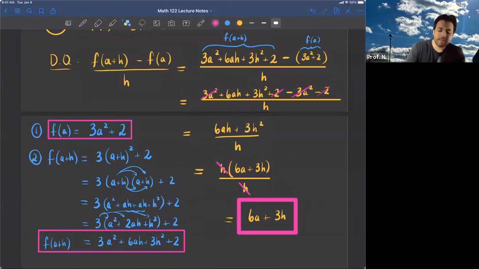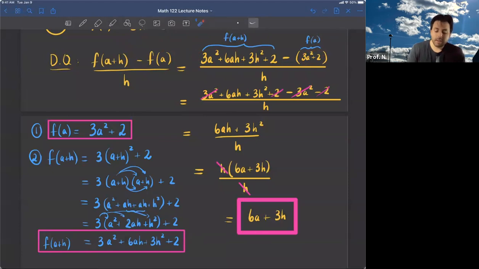So first I need to find what f of a plus h and f of a are, and I did that. f of a is replacing x with a. And f of a plus h, I had to expand and simplify, expand things out and combine like terms. And then all I'm doing now is plugging into this expression: f of a plus h is this entire thing here, and f of a is this little guy here.